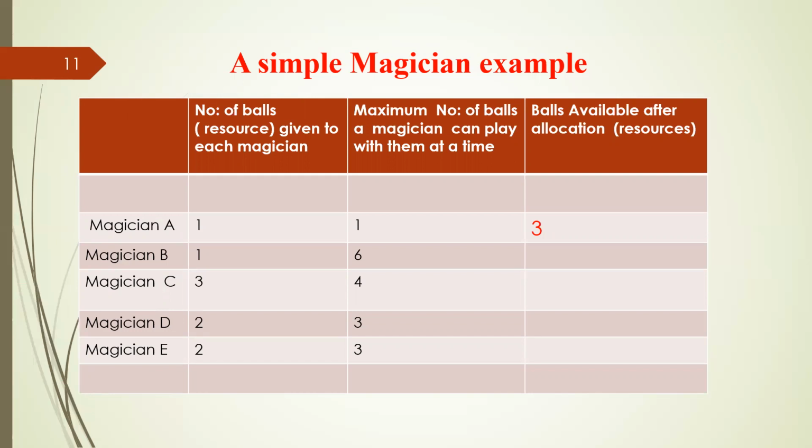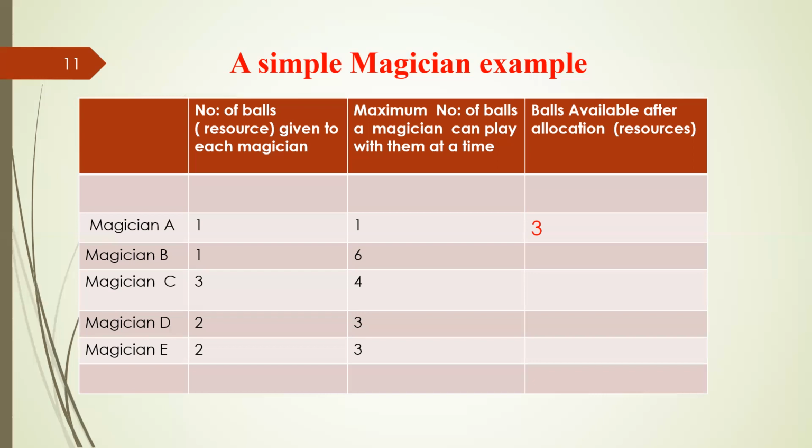See, in the second column, the number of balls given to him, and in the next column, the maximum number of balls he can play with at a time. Take magician A: the number of balls given to him is 1, and the maximum number he can play with at a time is 1. Take magician B: the number of balls given is 1, and the maximum is 6.